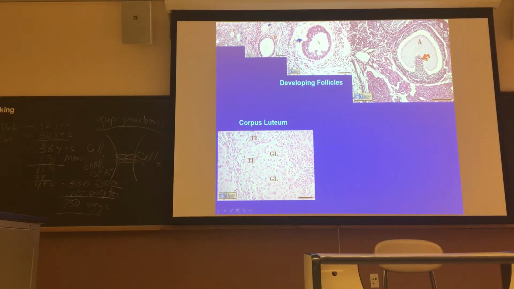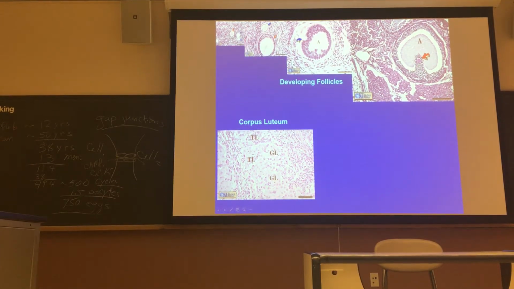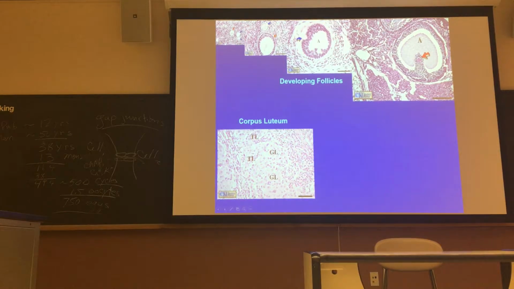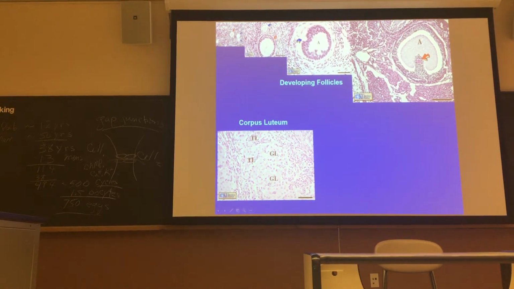But as they convert to the corpora lutea, you see a real transformation. You see them form fairly robust cells with a very distinct nucleus and a very distinct nucleolus. Okay? So these cells are amped up to make proteins, they're amped up to make steroids.